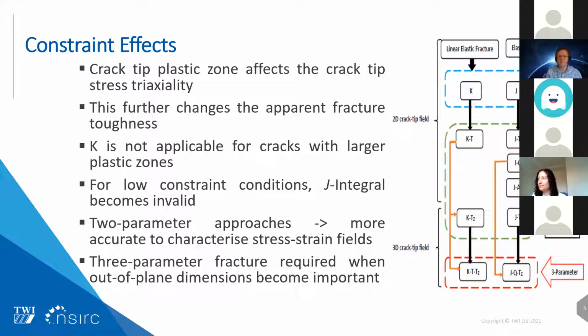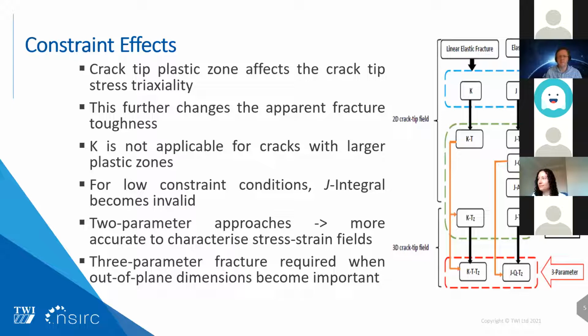This approach, however, has some limitations because the T stress is known to be an elastic parameter that becomes less meaningful as the plastic zone expands into the elastic-plastic regime. It is for this reason that some researchers have studied the Q parameter to be able to quantify constraint in the elastic-plastic regime.